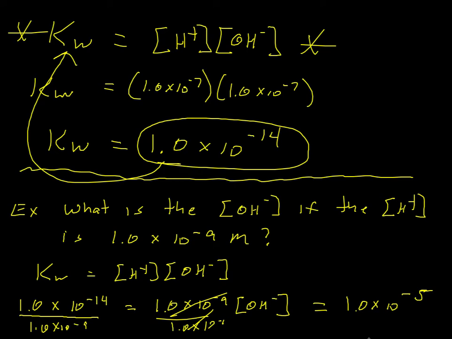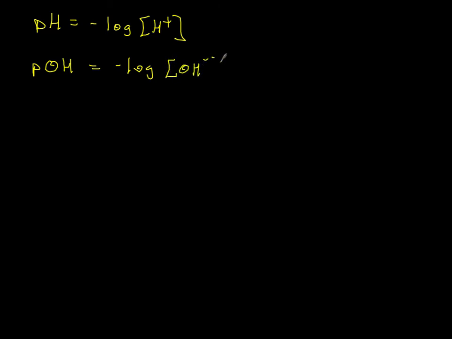Okay, now to sum all this up, we can do a graphical organizer because we have four equations that are all basically related to each other. We have the pH is equal to the negative log of the H concentration. We have the pOH is equal to the negative log of the OH concentration.